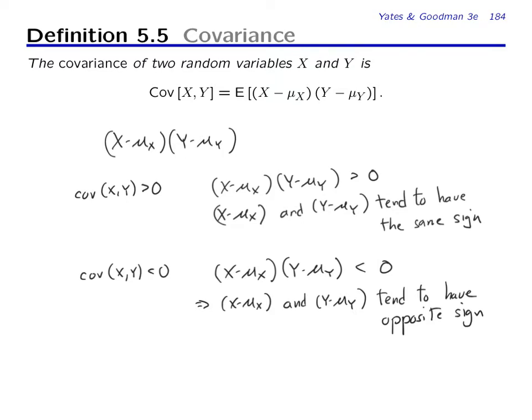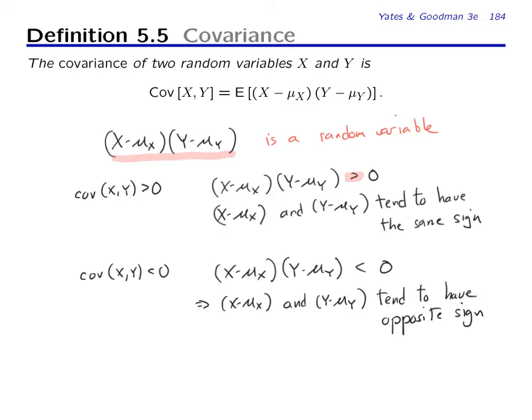And then I just want to make a point here that you can't forget that this product, X minus mu X times Y minus mu Y, is a random variable. And when I say this product is greater than 0, I don't mean it's always true.